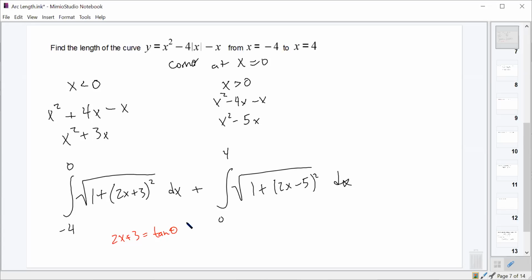And for the one on the right, we'd want 2x minus 5 equal tangent theta. And we could do some substitutions with the dx and all that. And, yeah, it'd be a little bit of a pain because we'd end up with some secant cubes in there. But that's the basic process of it.